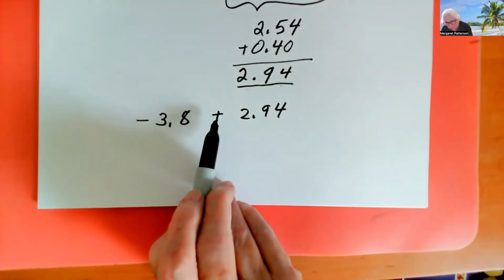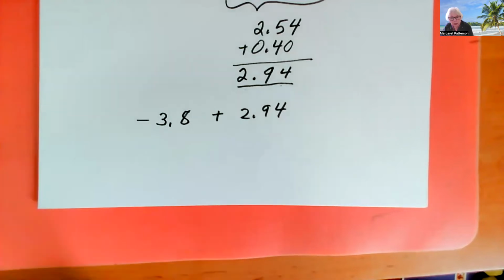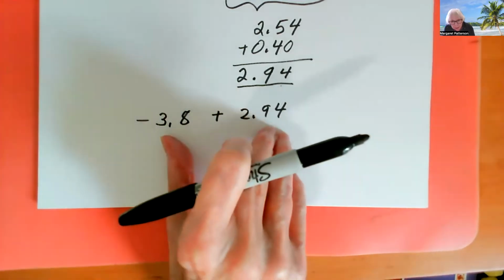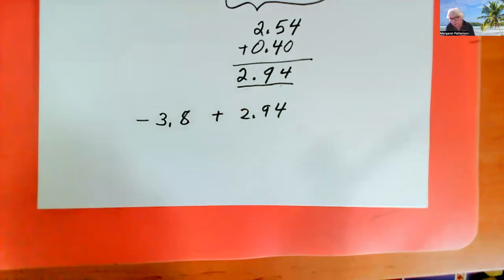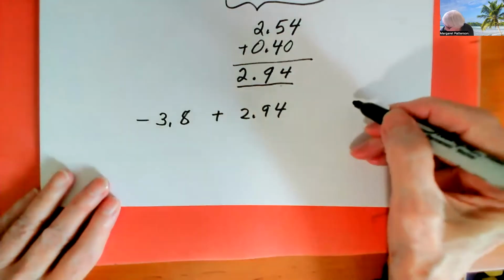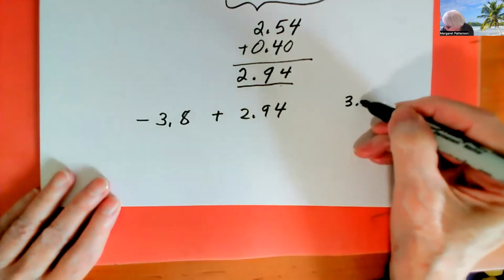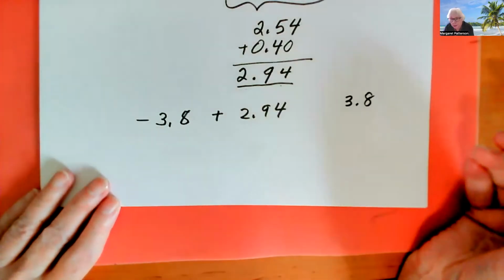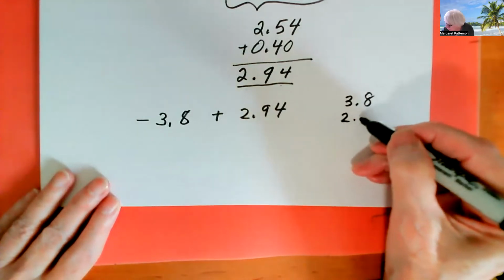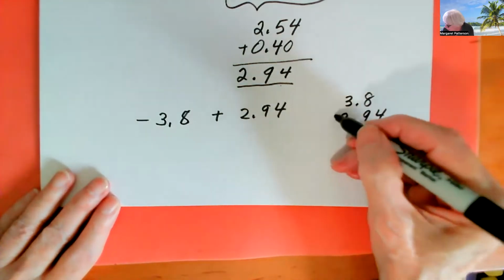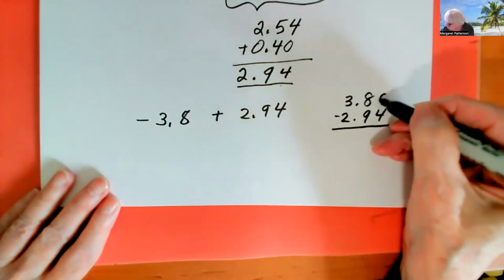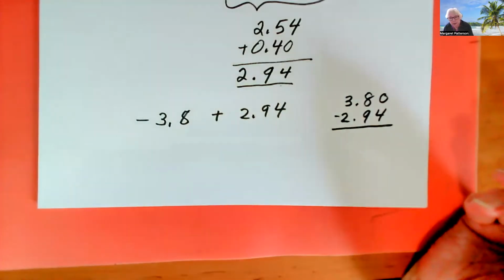You're adding. One's negative, one's positive. Which means you end up subtracting the absolute values so that you find the difference. And you put the larger number on top, 3.8. And you put the smaller number, 2.94, on the bottom. You end up subtracting. I'm going to add a 0 here to make it easier. It's like money.